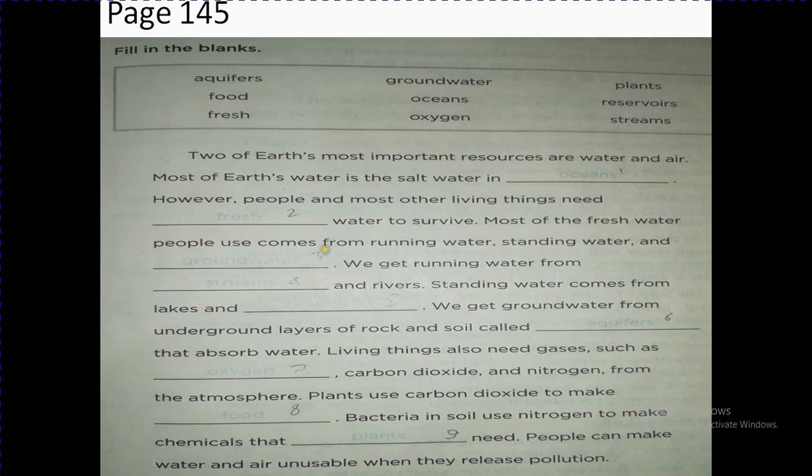It's not too easy to read from here, so I'm going to tell you the answer also: number 5 is reservoir. Number 6 is aquifers. Number 7 is oxygen. Number 8 is food, and number 9, the last fill in the blank, is plants.